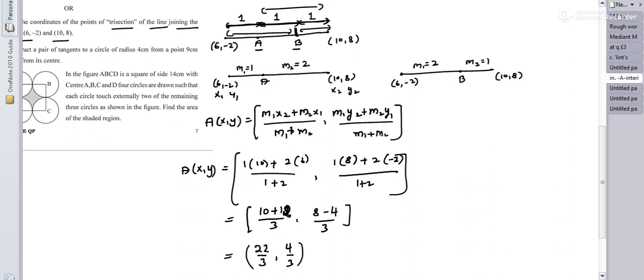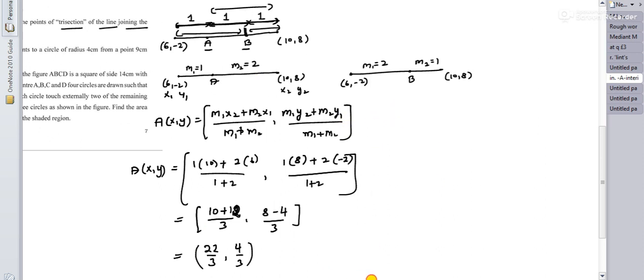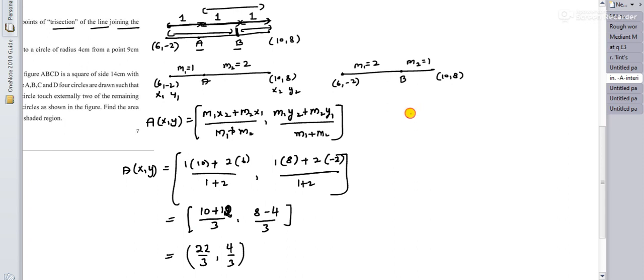Now similarly you have to solve the second point, B. So B is again x, y, using the same formula, just change m1 and m2. So the formula will become 2 into, again this is x1, this is y1, this is x2, y2.